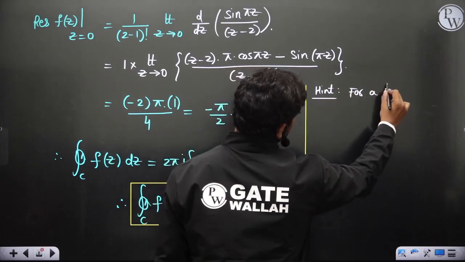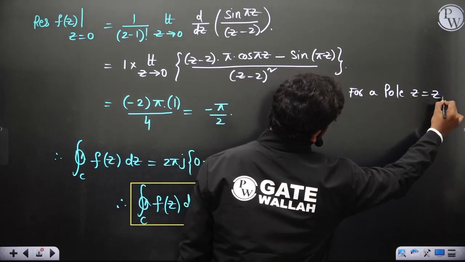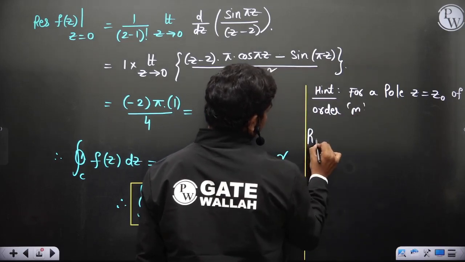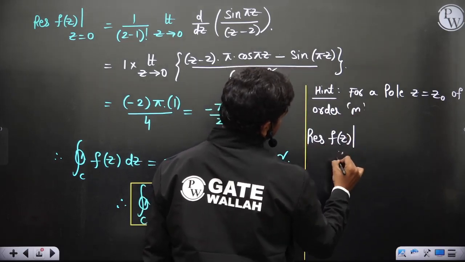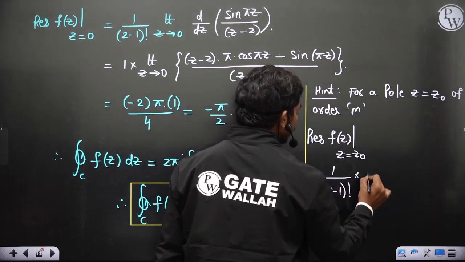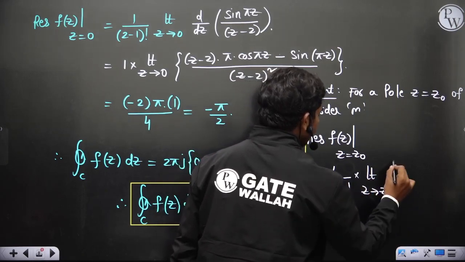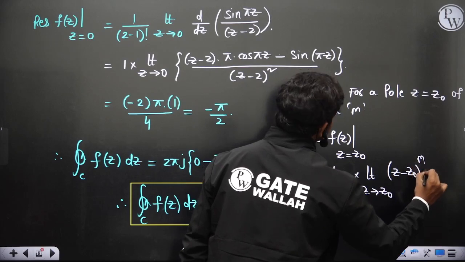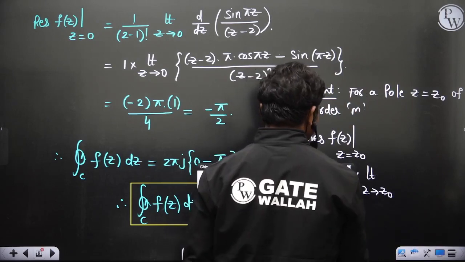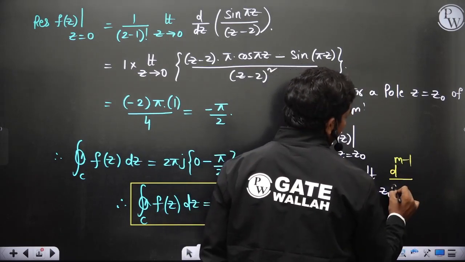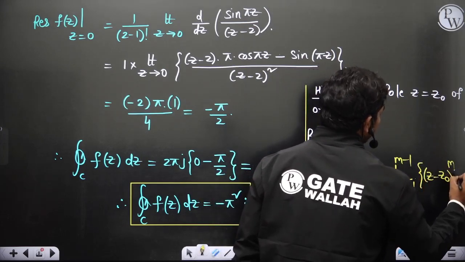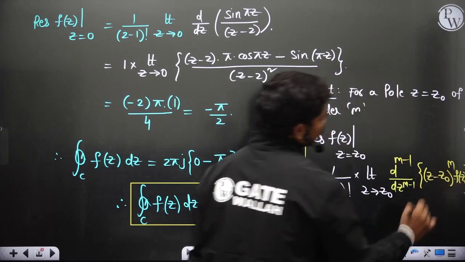For a pole z is equal to z naught of order m, the residue of f of z at z equal to z naught is equal to 1 by m minus 1 factorial into the limit z tends to z naught of the m minus 1th derivative of z minus z naught whole power m into f of z. So this is the residue.